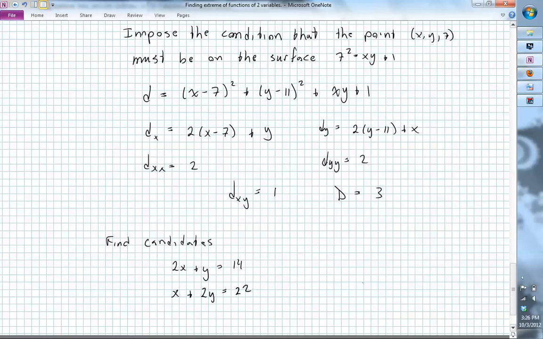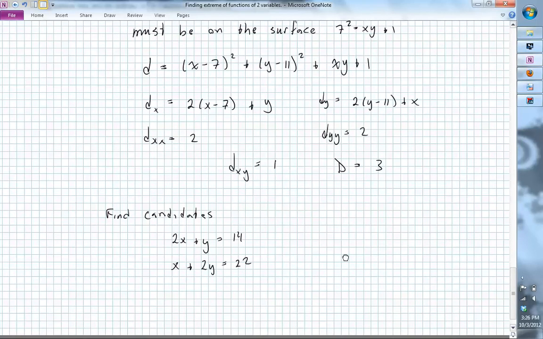Does everybody see where those came from? I set the first derivatives equal to 0 here and here. And then I've got 2x plus y, and then there's a minus 14, which I moved over to the right-hand side. Now is everybody good? Okay, excellent. This is two equations, two unknowns.